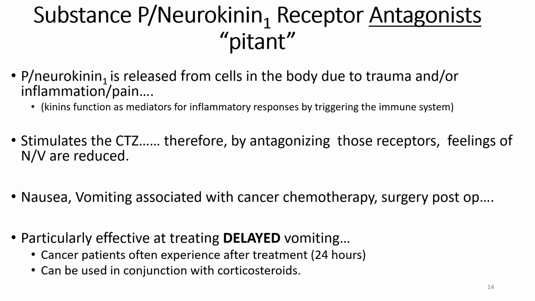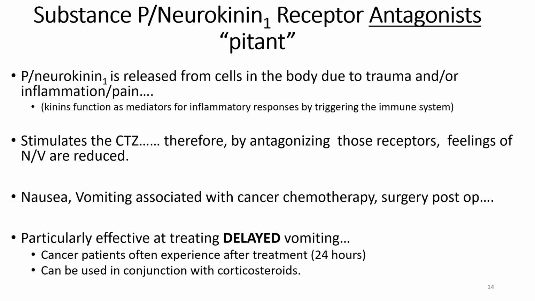Now, this particular class of medication is reserved typically for cancer treatment, the chemotherapy use, and after surgery, because we can block that neurokinin receptor in that chemoreceptor trigger zone so that we reduce those feelings of pain and nausea and vomiting.